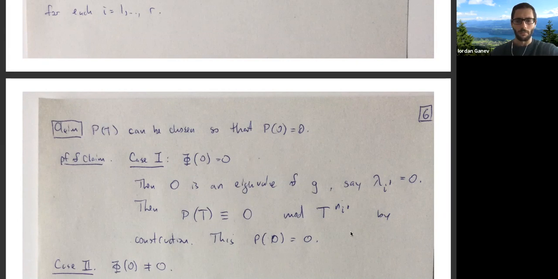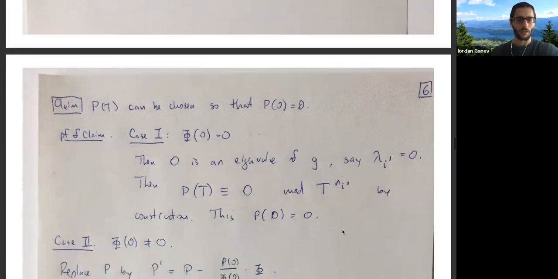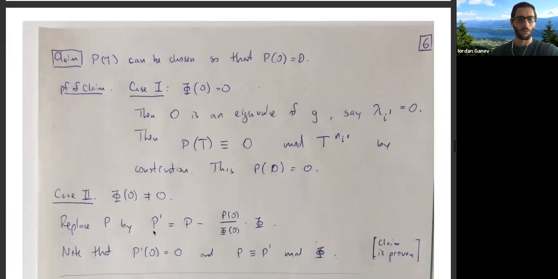Okay, so that's the case where phi of 0 is equal to 0. If phi of 0 is not equal to 0, then we can replace p by p prime, which is p minus p of 0 divided by phi of 0 times phi. So these are just scalars times phi. And p prime of 0 is 0 by construction. And p is congruent to p prime mod phi because we got p prime by just subtracting some multiple of phi from p, so they're equal mod phi.